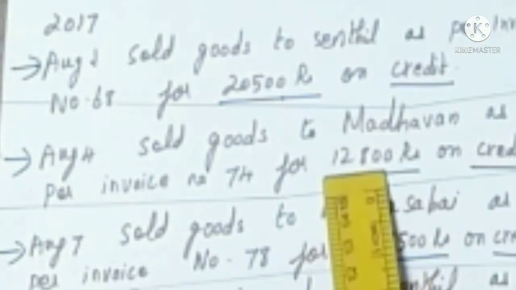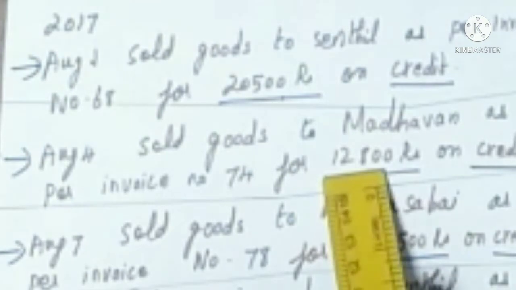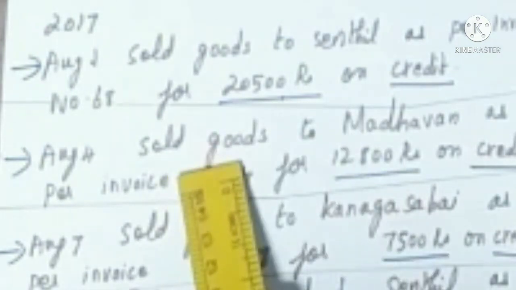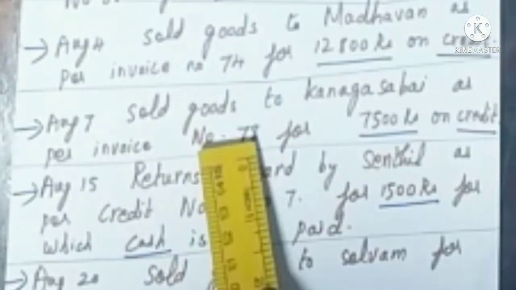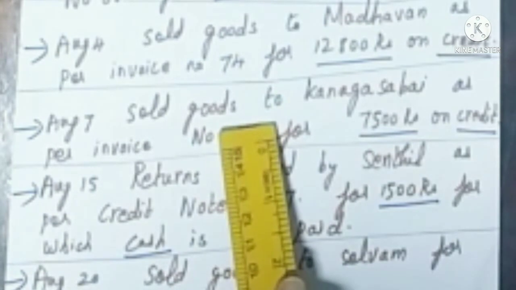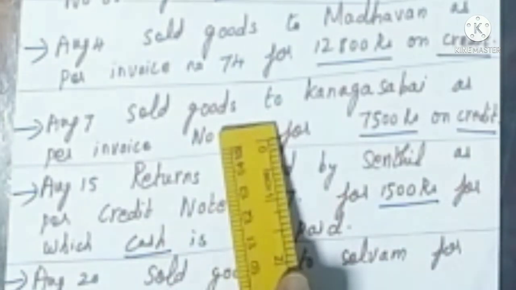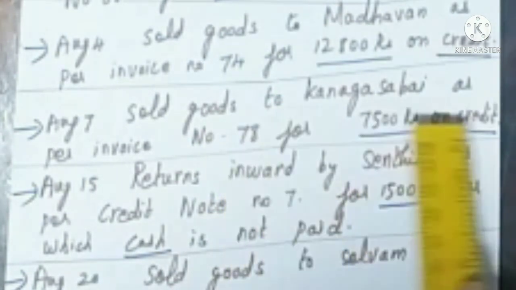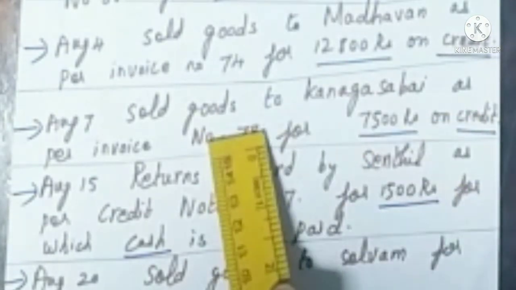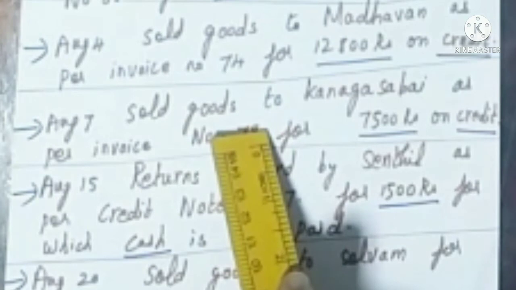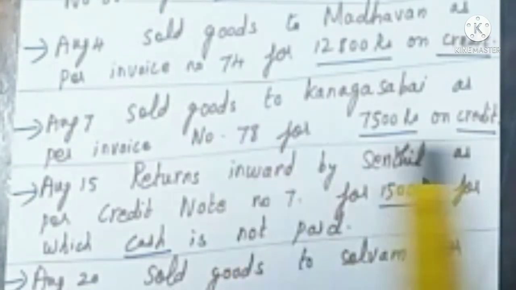Here also the sale is made on credit, so this transaction should be recorded in sales subsidiary book. Again, on August 7, goods are sold to Kanagasabai on credit for rupees 7,500. Again, this transaction should be recorded in sales subsidiary book.